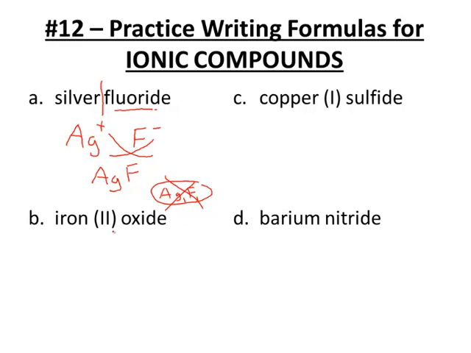Alright, for 2, iron 2 oxide. What we know about the iron 2 here is that it means iron is a +2 charge, oxygen is a -2 charge, so when we crisscross, we end up with FeO.